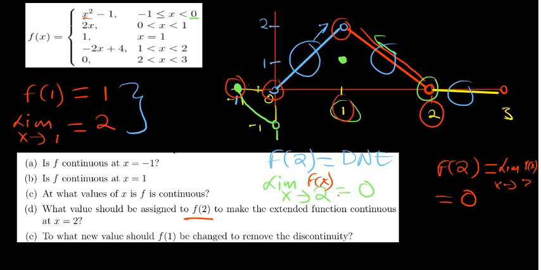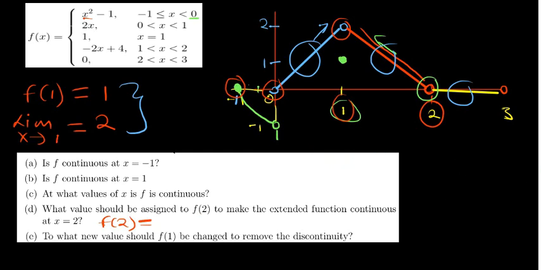So the value of f of 2 should become 0, so that it is equal to the limit. Then the function is going to become continuous at that point, because as it stands, the limit is equal to 0, but the function itself does not exist because it is not defined. So the function will become continuous thereafter.